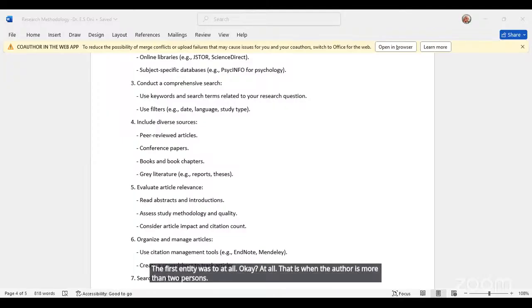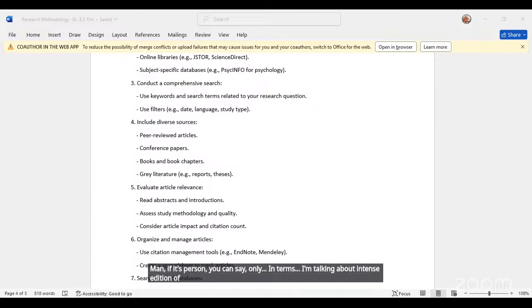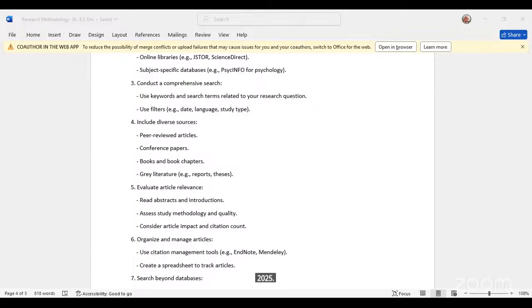But if it is 1 person, you can say Oni, 2025, where you are quoting me or referencing me. But if it is 2 persons, you can say Oni and Fasasi, 2025, when we quote what me and Fasasi published. If we are 3, Oni, Fasasi, and Oke, you don't write all the names.